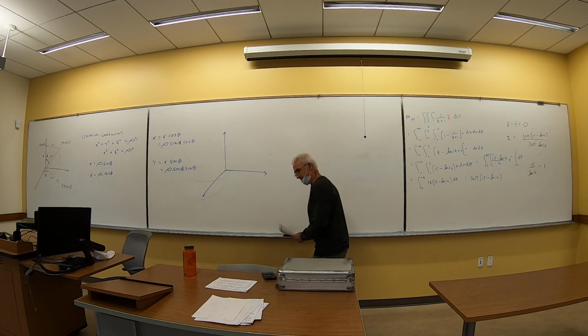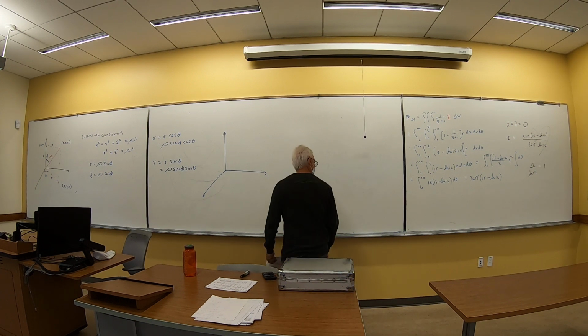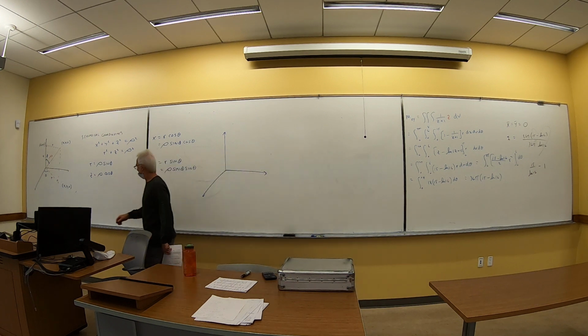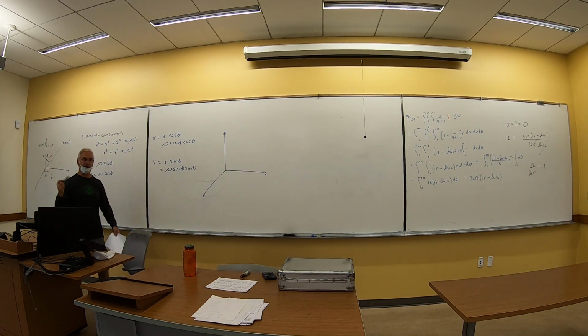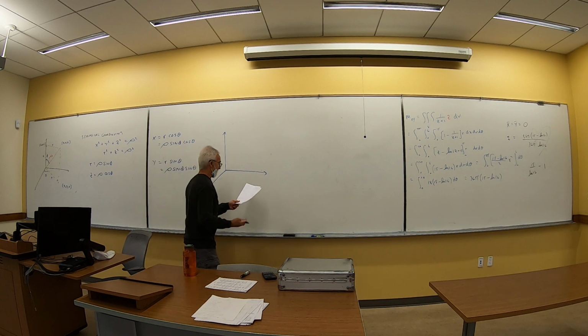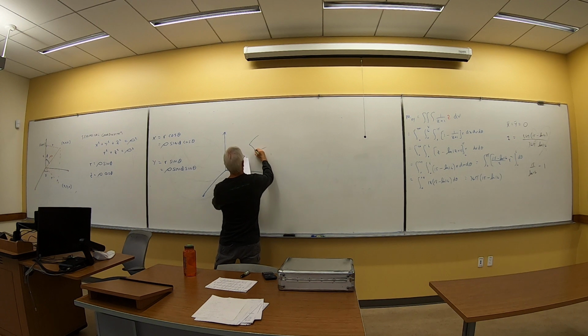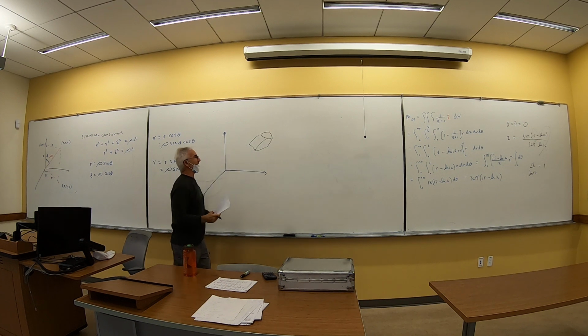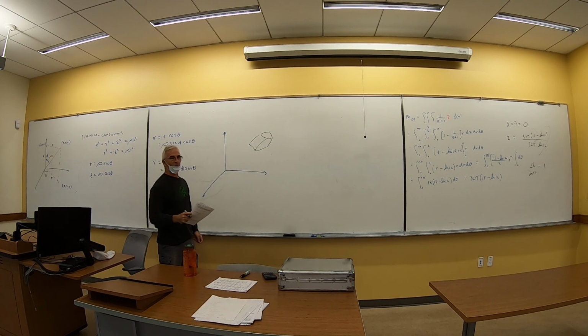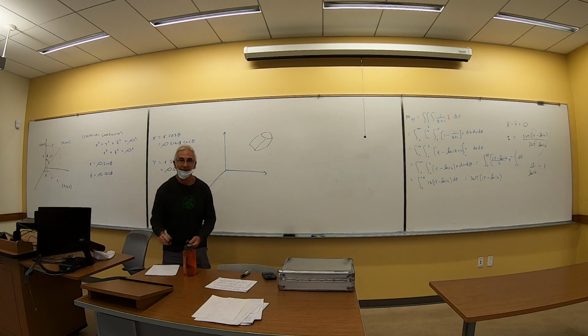All right, let me get the black one. My pens are disappearing. Here we go. So, this thing, I'm going to do my best. I know this is kind of sad and pathetic, but okay. It's not a rectangular prism, right?